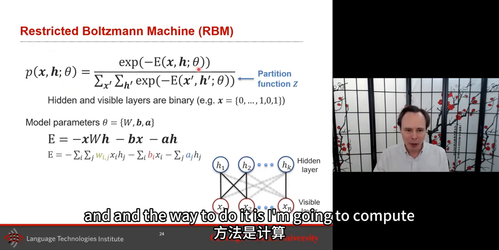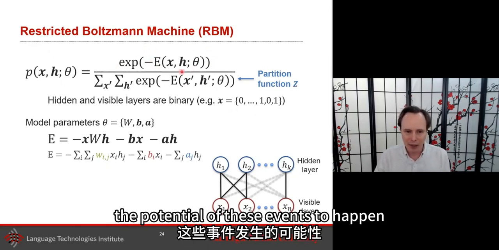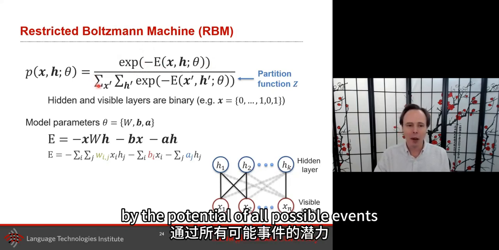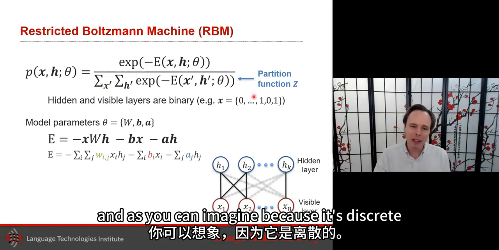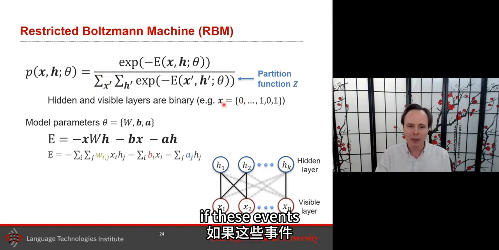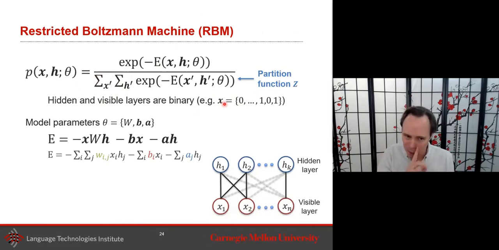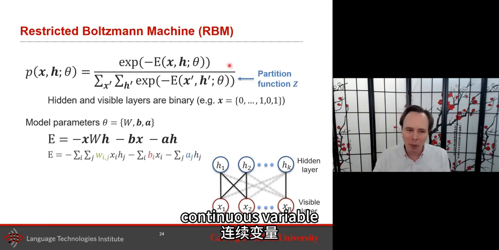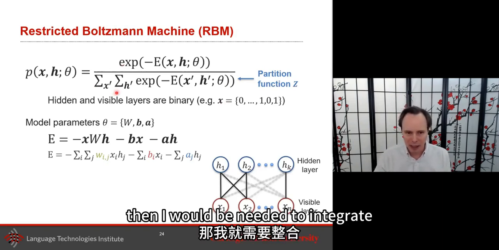And the way to do it is I'm going to compute the potential of these events to happen, and then I will divide by the potential of all possible events. As you can imagine, because it's discrete, I can do the summation. If these events were represented as continuous variables, then I would need to integrate.